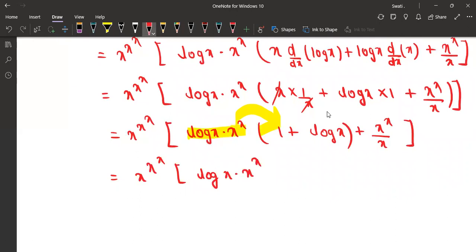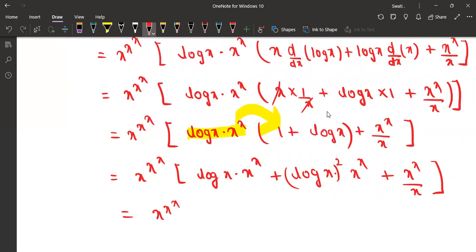And then log x dot log x, that is log x square, and then x raised to x as it is. And then this plus x raised to x upon x, right? Now here what I'll do, I will take this x raised to x common.